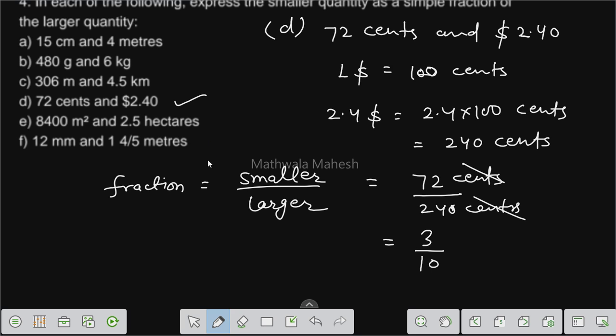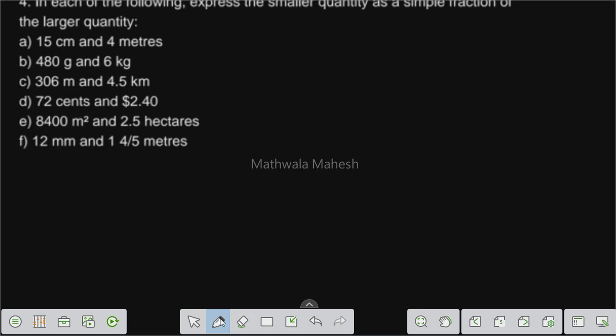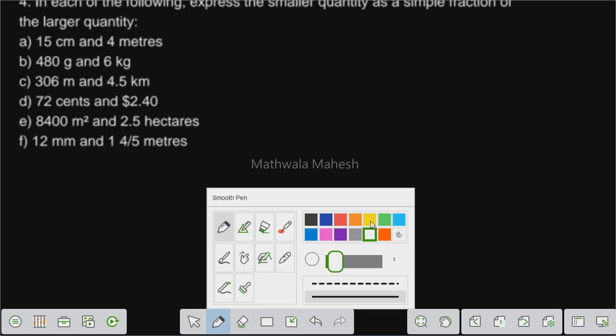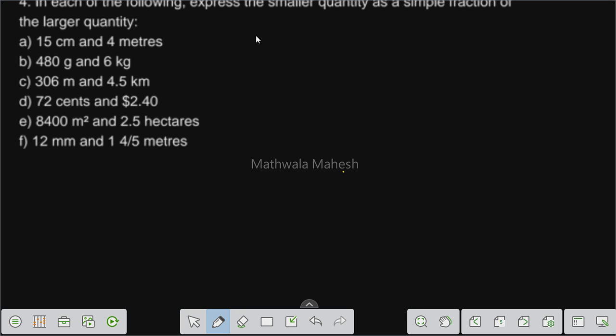Now moving to the next one. E option, 8400 meter square and 2.5 hectares.